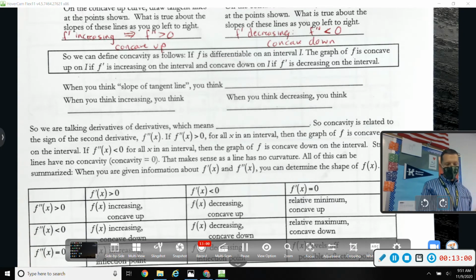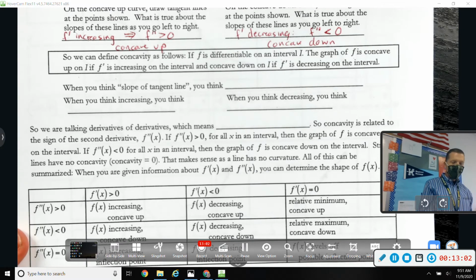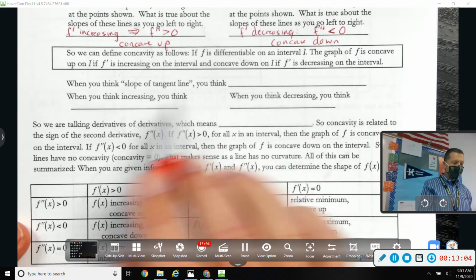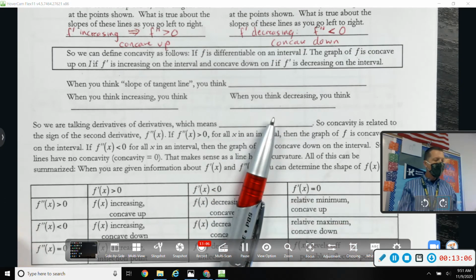I don't have the key of the guy that wrote this, so I'm not sure what goes in these next three blanks. So I'm curious what you think. When you think slope of a tangent line, what would come to your mind? If I ask you to find the slope of a tangent line, what would you think?